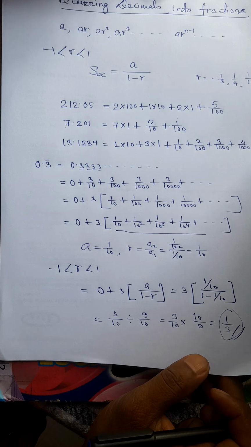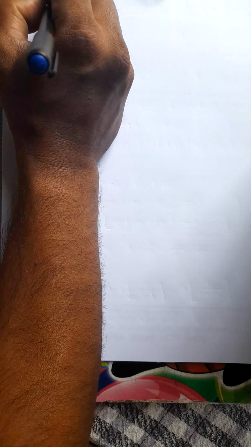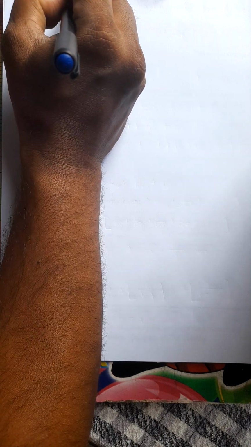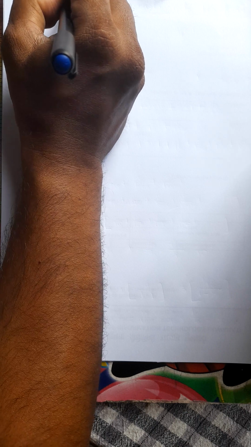So let's do one more example to clear our concepts. Let's take one more example, say 2.03 recurring, suppose.